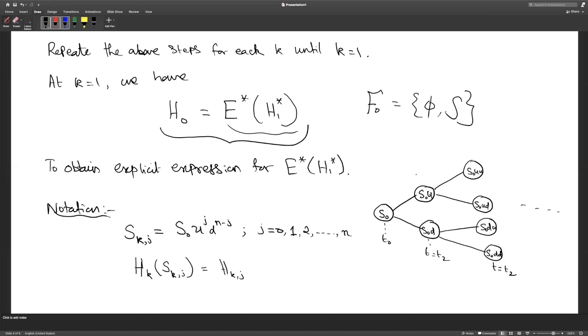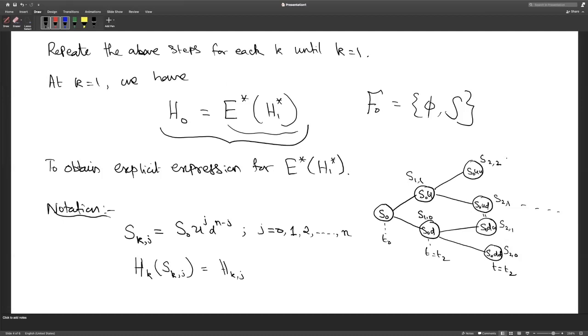So you can see that this is S1 comma 1, and this is S1 comma 0. This is S2 comma 2. This is S2 comma 1. This is also S2 comma 1. Note that these two are numerically the same value, and this is S2 comma 0 and so on.